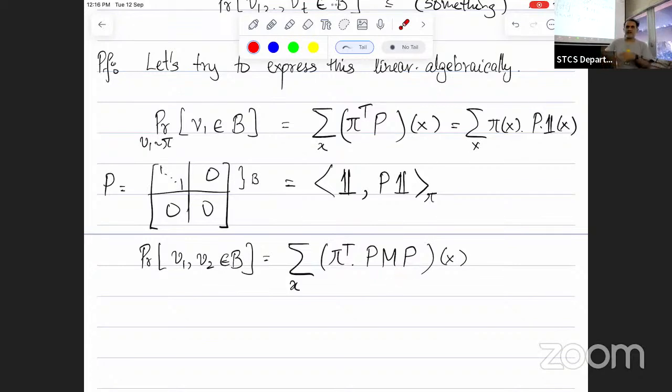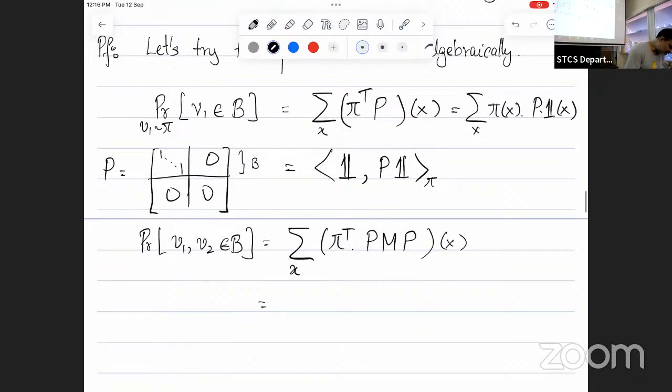And this P again zeroes out things where V2 didn't happen to be in B. But now I need to add up all the coordinates of this new vector, and that's what this sum over all x looks like. And this again can be succinctly written as the inner product of the all ones vector with P M P of the all ones vector.